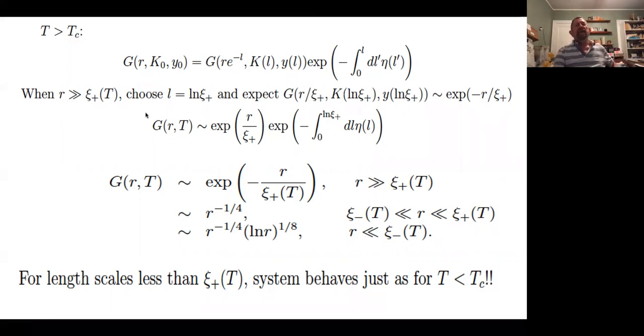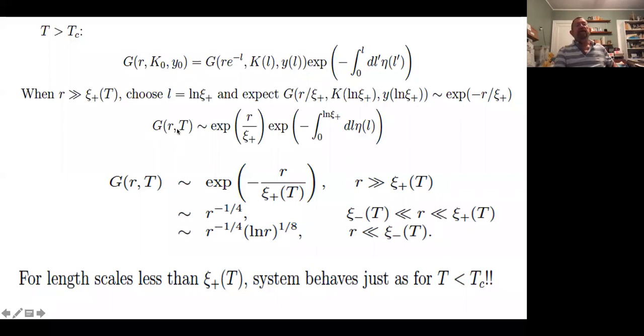So when the separation is much larger than the correlation length above Tc, we can choose l equal to the logarithm of ξ+, and we expect that the correlation function G(R, ξ+), as a function of K at l, where l is log ξ+ and y at log ξ+ is of order 1, behaves like e to the minus R over the correlation length.